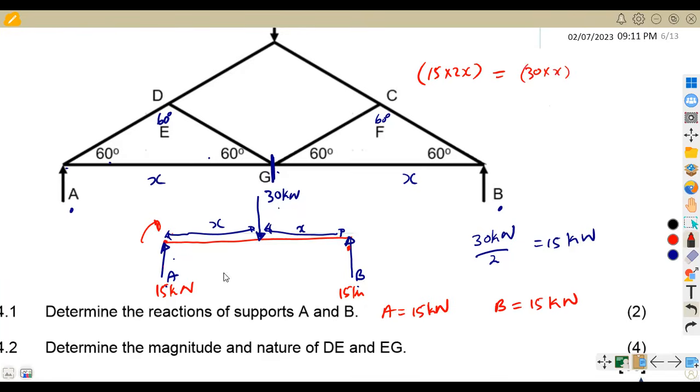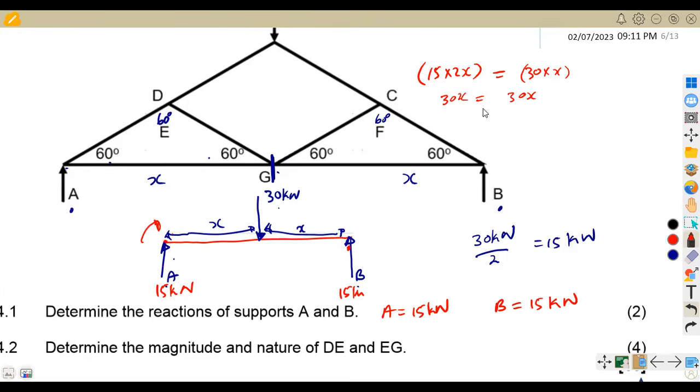So this is 15 and the distance here is 2X. And the other one, 30 back to this point B, gives us 30 times X. That's 30X there. So if you check in this case, we are obtaining 15 times 2, which is 30X, equivalent to 30X.